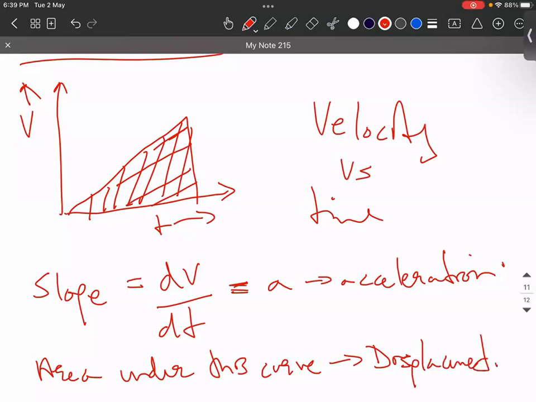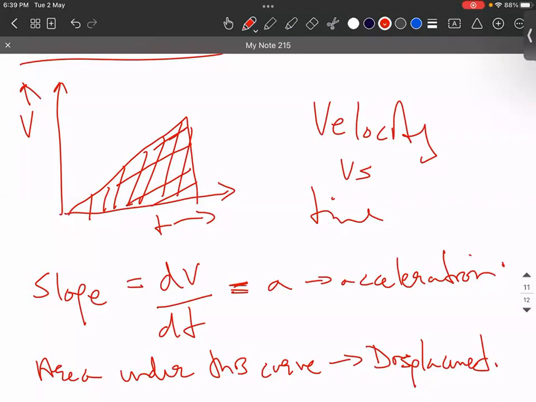If this is my curve, I can find the area. This area is a triangle. What is the area of a triangle?